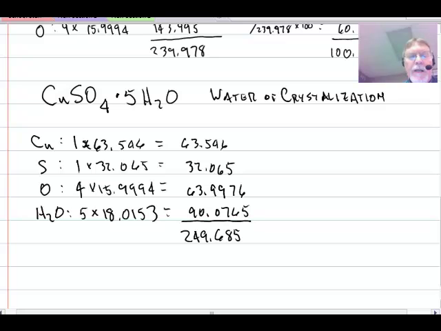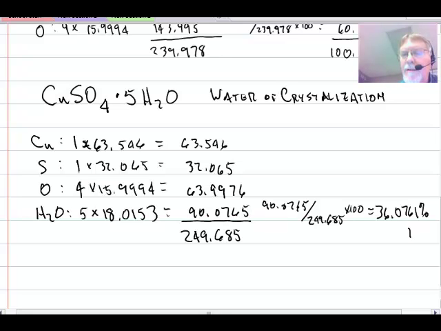Now, to calculate the percentage of water, all we have to do is take the 90.0765 divided by 249.685 times 100, and we come up with 36.0761% H2O.